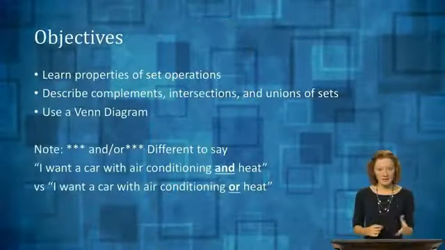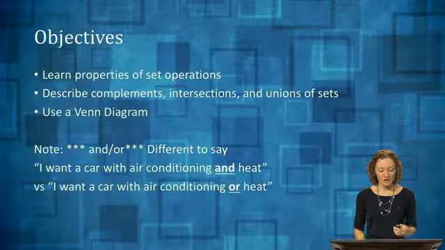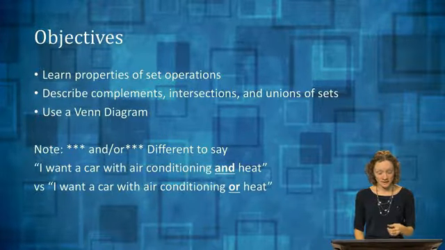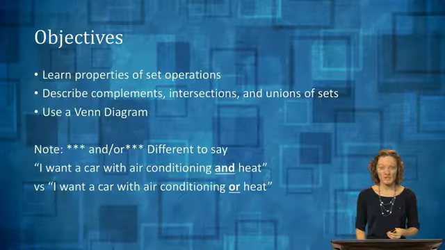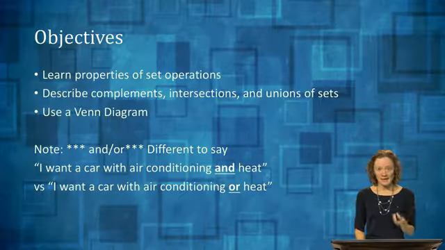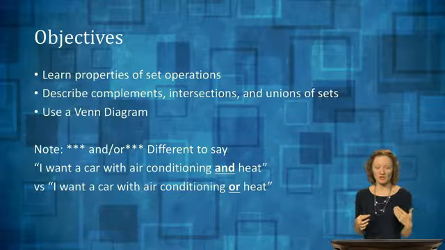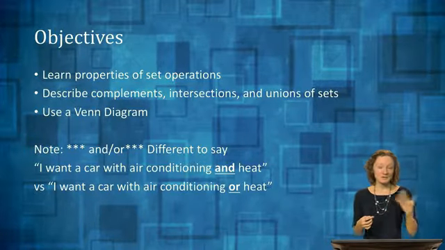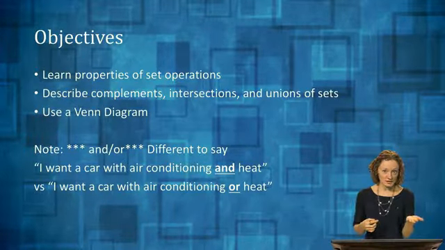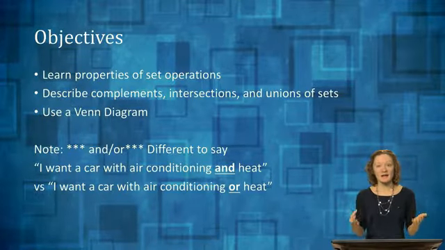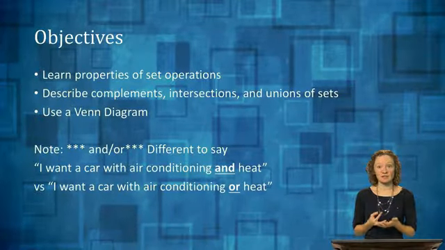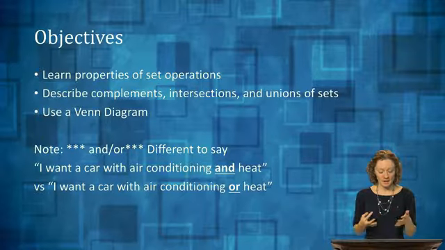So it's very different to say, I want a car with air conditioning and heat versus I want a car with air conditioning or heat. If you say and, a car with air conditioning and heat, it means you are only willing to accept the car that has both. If you say I want a car with air conditioning or heat, it means you would be happy with the car that had air conditioning, happy with the car that had heat, and you would also definitely accept the car that had both of them.